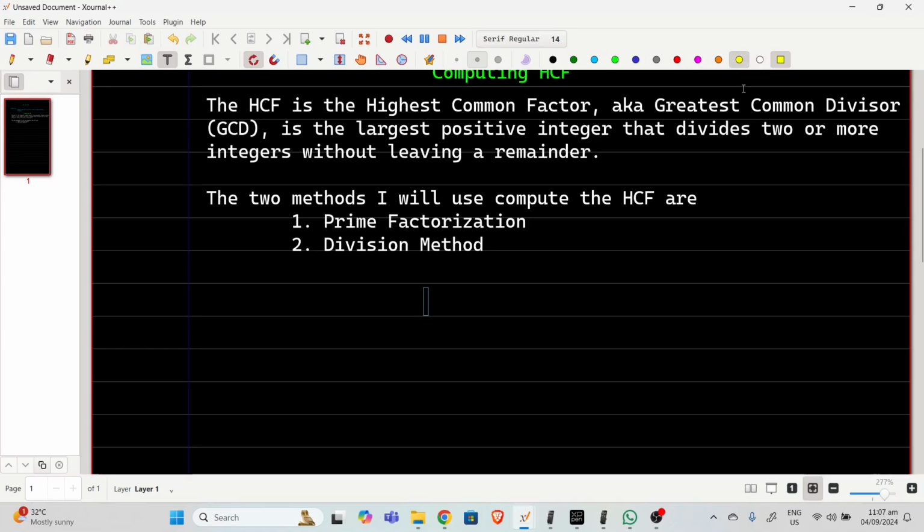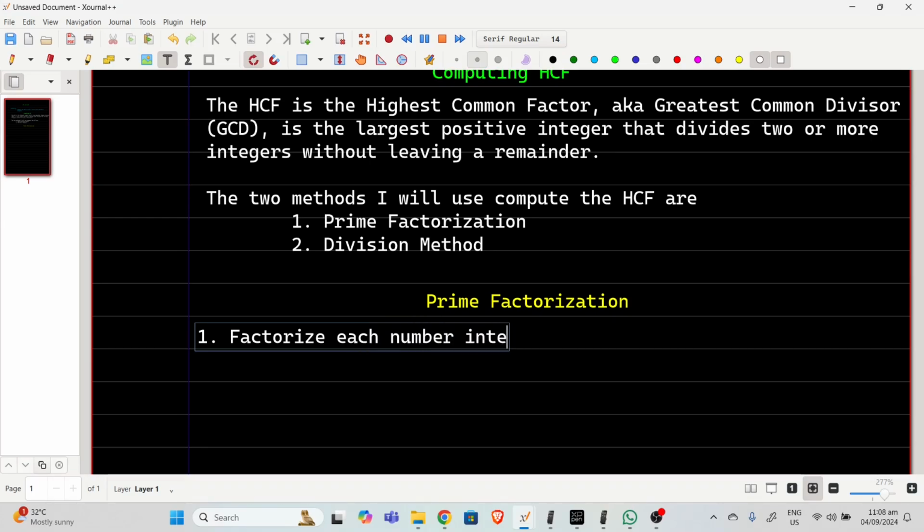So prime factorization is going to go first. You have a few steps that you need to follow for the prime factorization method, about 3 steps, and let me just state those first. So you want to factorize each number into its prime factors, right?